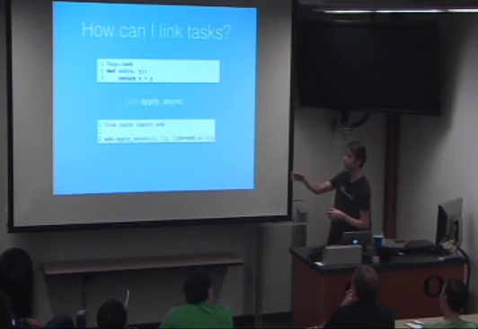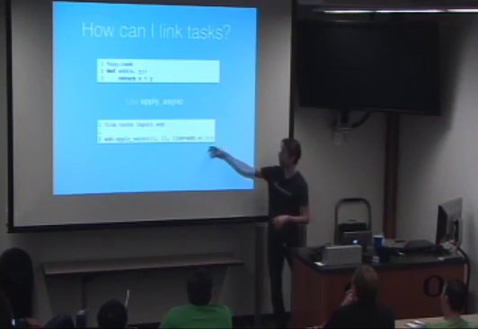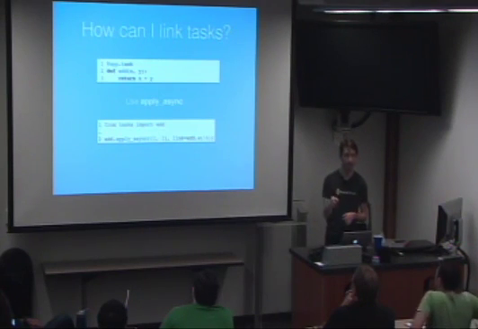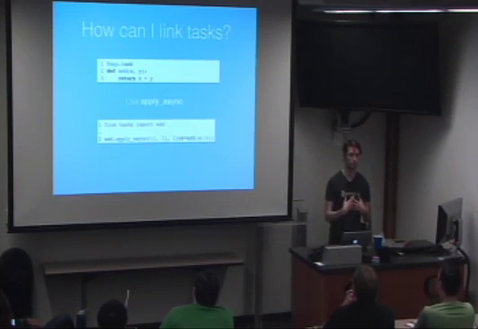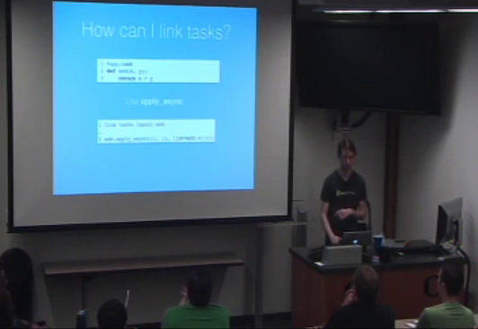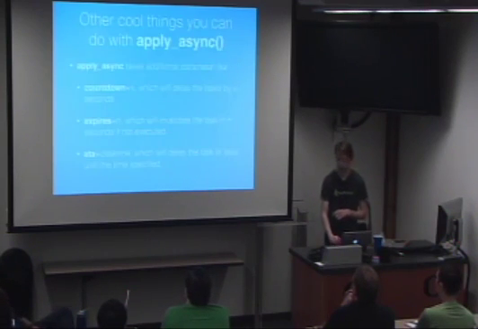The way you do this with apply async, you say the next following task will be add.s. And what .s does, it creates a signature of a task, which is sort of like an instance. You can also say .si, then it's an immutable instance. And the beauty of that whole setup is whatever the result of the first task is, will be passed to the second. So you can build nice workflows of tasks.